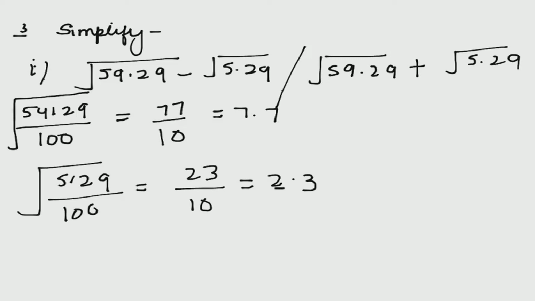Or we can carry forward with the long division; I already explained how to find the square root of a decimal number with long division. So we can do it with that method also, but I prefer this method because it will reduce my calculation. Now what we have is 7.7 and 2.3. Now I will put the values over here: 7.7 minus 2.3, divided by 7.7 plus 2.3.